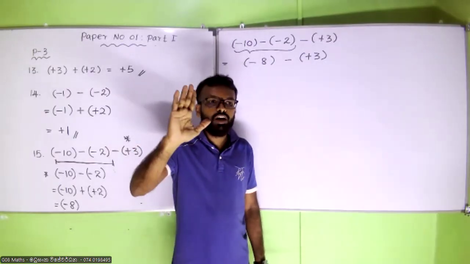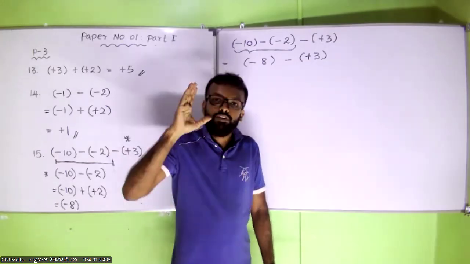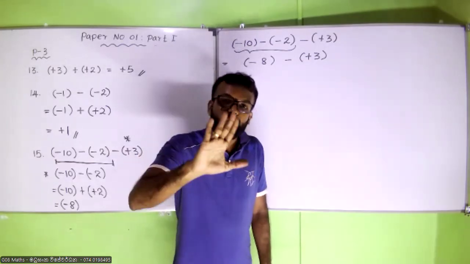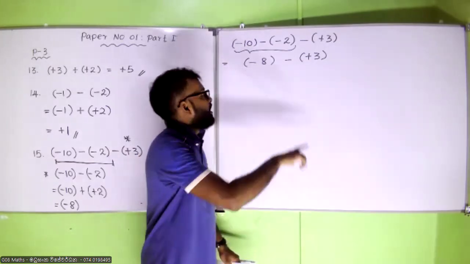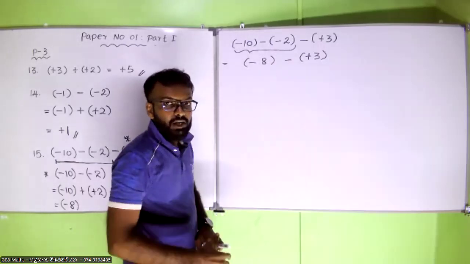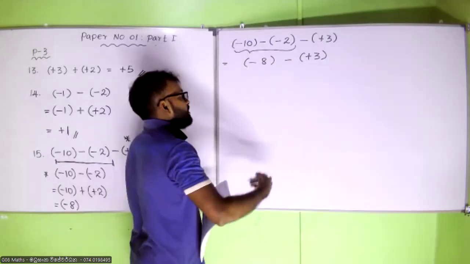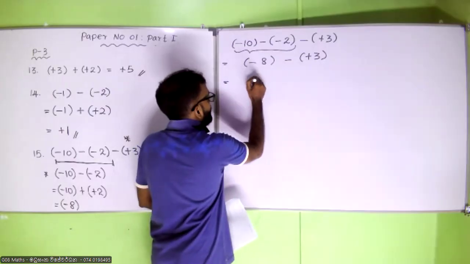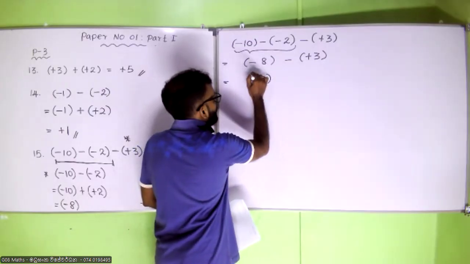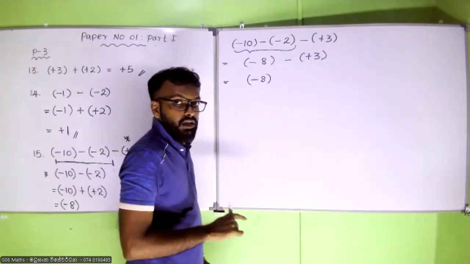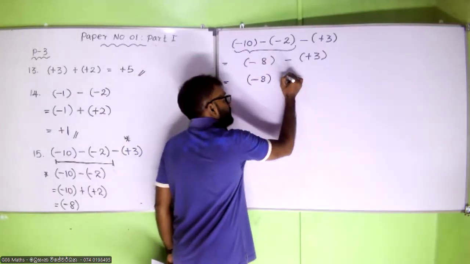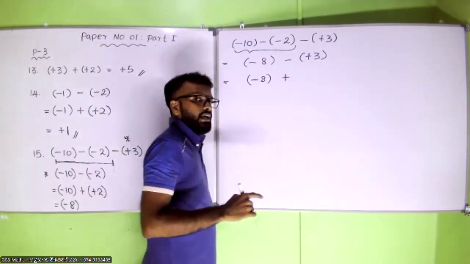So we know only how to add. We know how to add two directed numbers. So I am going to convert this negative sign into a positive sign. In the next step, here we have negative 8, and I am going to convert this negative sign into positive.